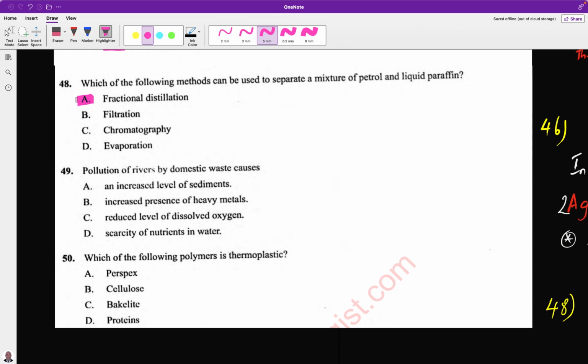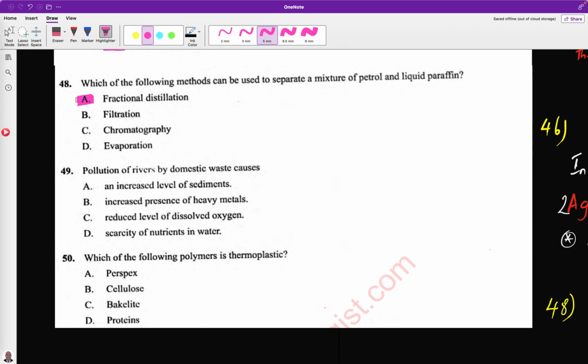But domestic waste has its own product that it sends out, so it doesn't have to involve heavy metals. C, reduced level of dissolved oxygen. And D, scarcity of nutrients in water.